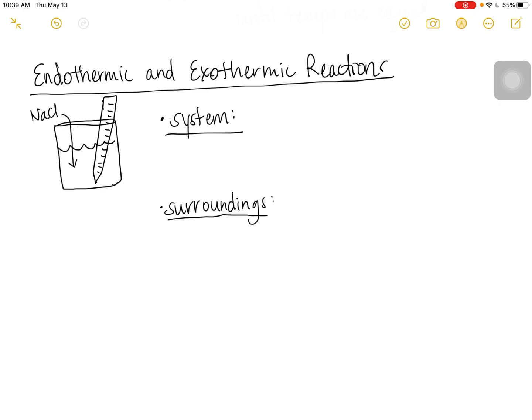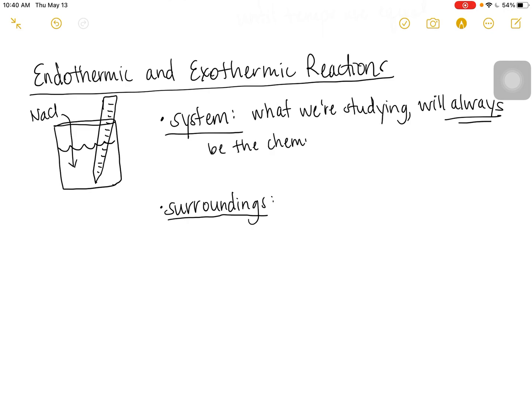Okay, so the word system is technically defined as the thing that we're studying. It's a pretty vague definition. But here's the important part. For us, the system will always be the chemical reaction.